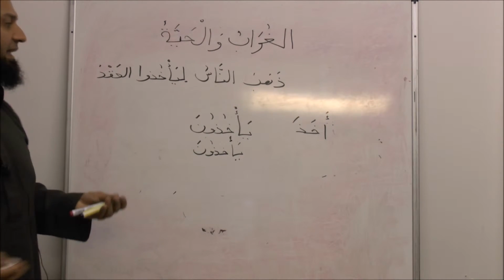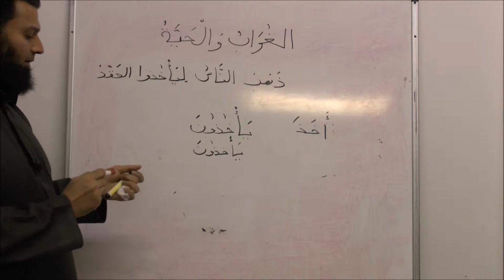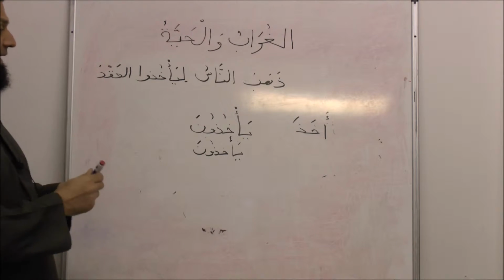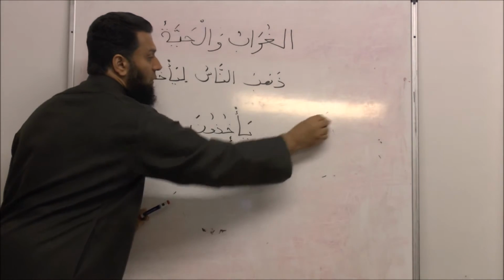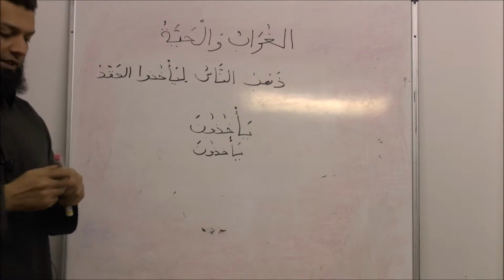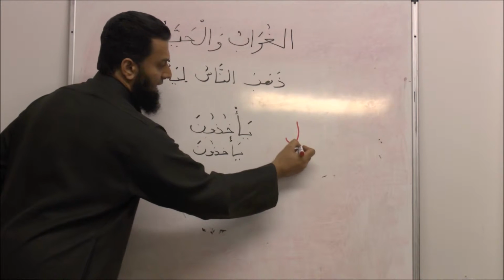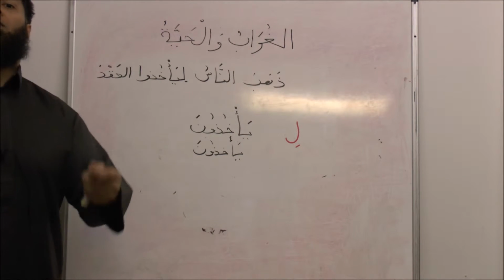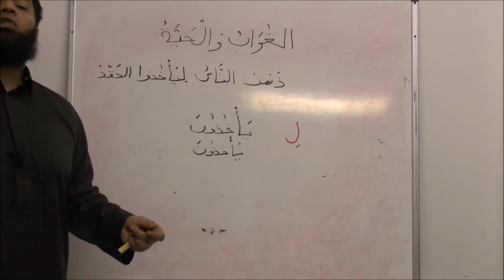What does li mean? For. When you attach a li before al-fi'l al-mudari', it has the meaning of in order to, so that.